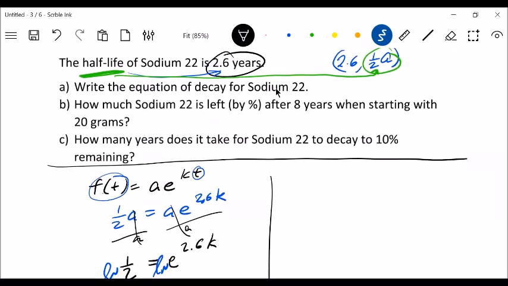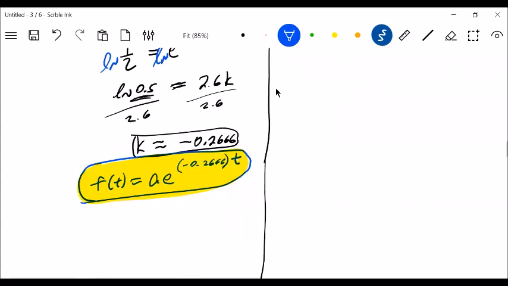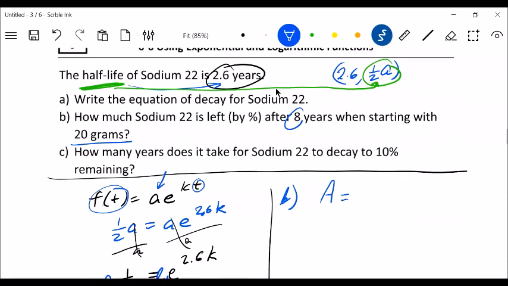All right. So for part B, how much is left by percentage after 8 years, starting with 20 grams? So that's our starting amount that goes in as the A there now. So what we have is amount is equal to the A, the original amount, 20, e to the power of KT.